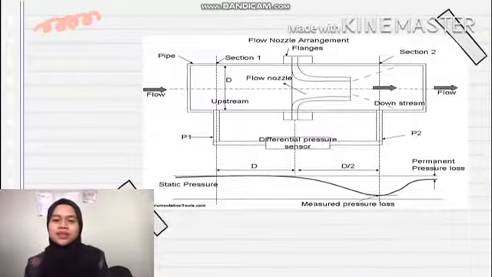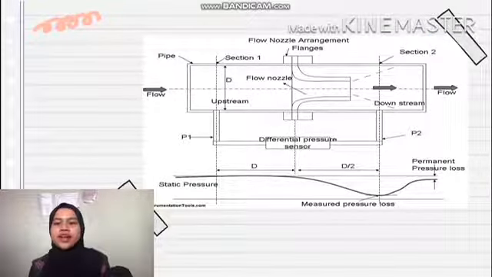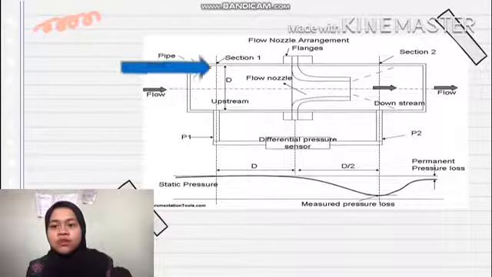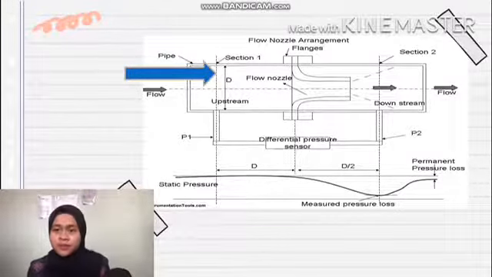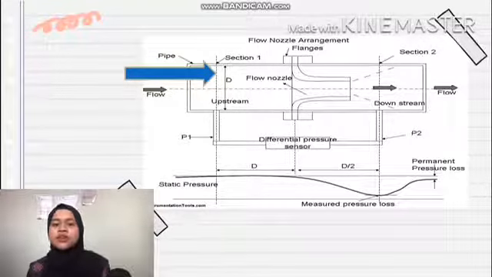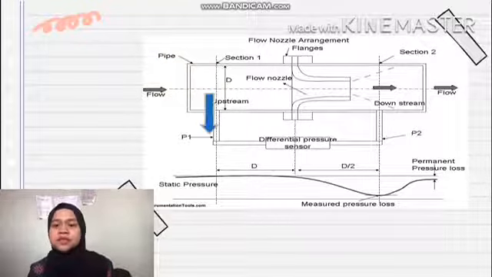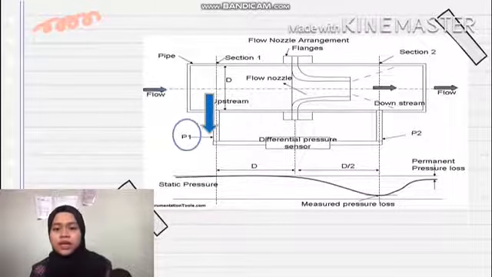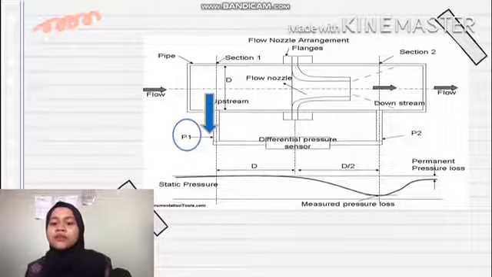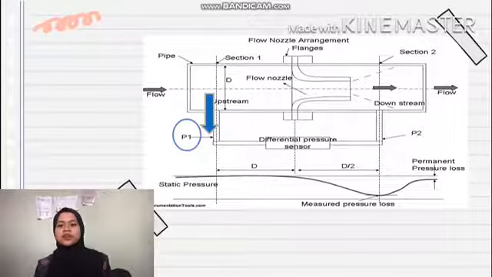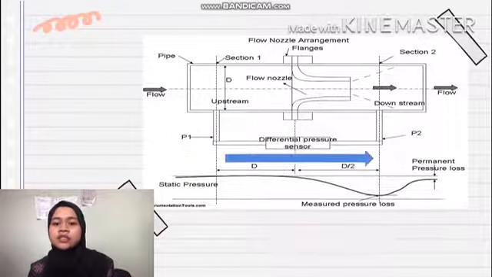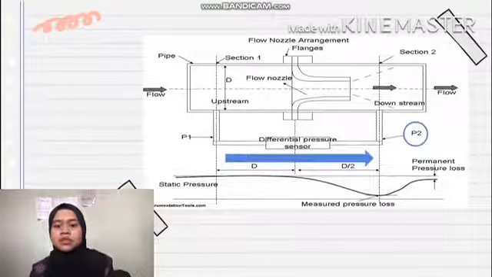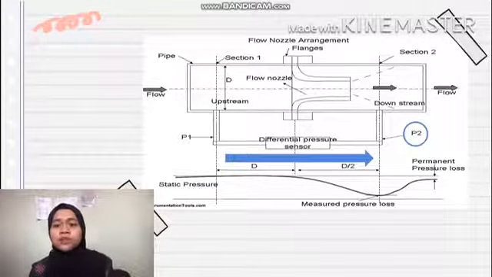Operation of flow nozzle. First, the fluid whose flow rate needs to be measured enters the nozzle to the section called the throat, where the area is minimum. Second, before the fluid enters the nozzle, the pressure in the pipe is called P1. As the fluid enters the nozzle, the fluid converges and the pressure keeps on reducing until it reaches the minimum cross-section area called the throat, and the pressure is at its minimum, P2.